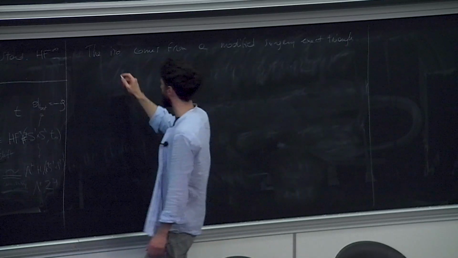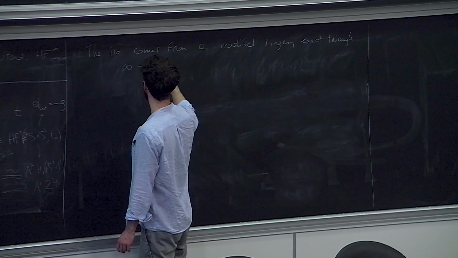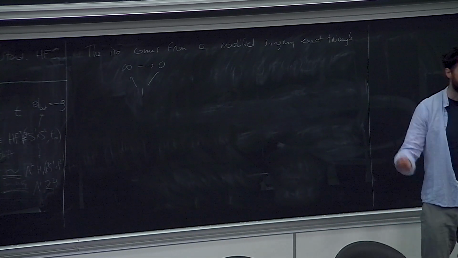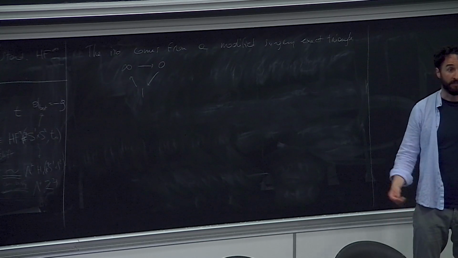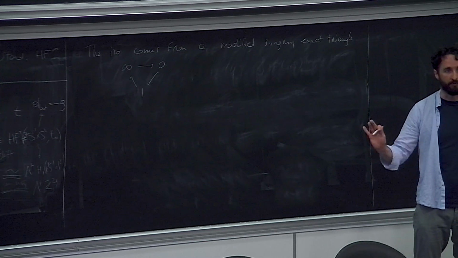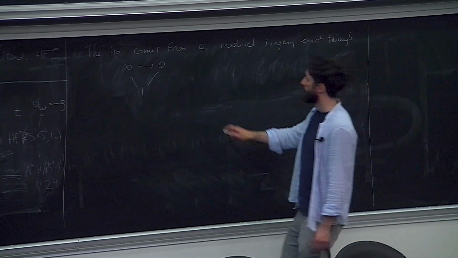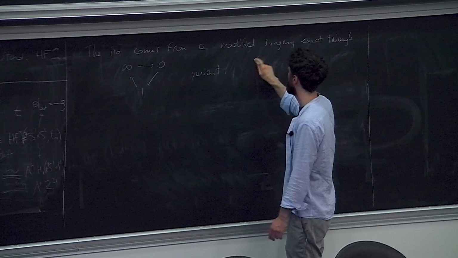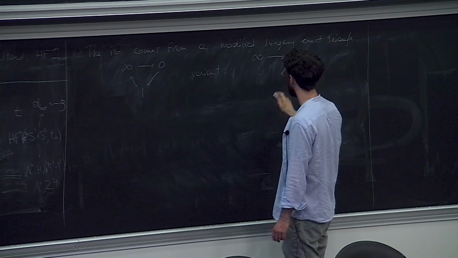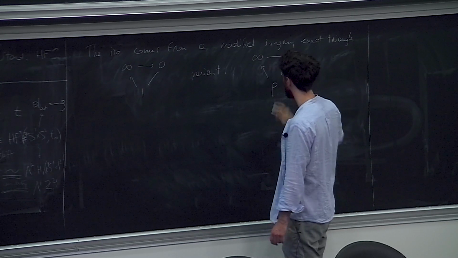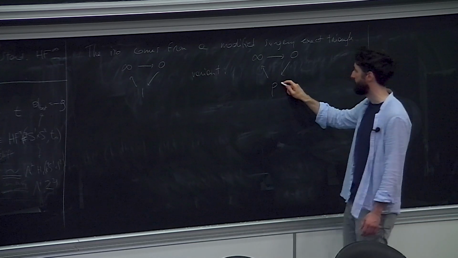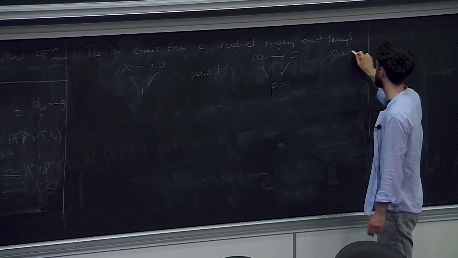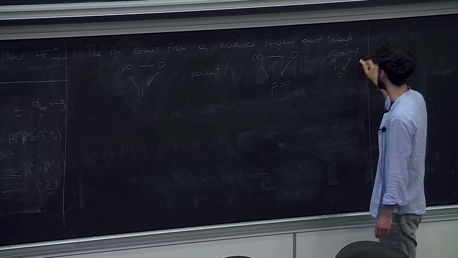The exact triangle that Paolo told you about links the infinity surgery, the zero surgery, and the one surgery on a given null homologous knot in some three-manifold. There's a variant that connects the infinity surgery, the zero surgery, and the p surgery for any positive p, or maybe the one that we need now is 0, minus p, infinity for any p positive.